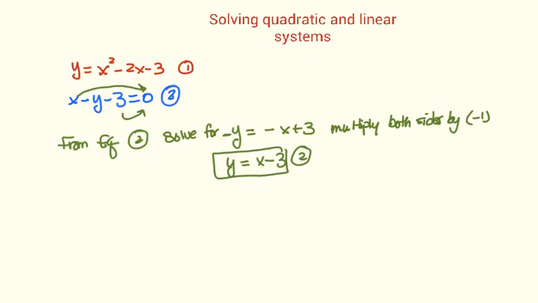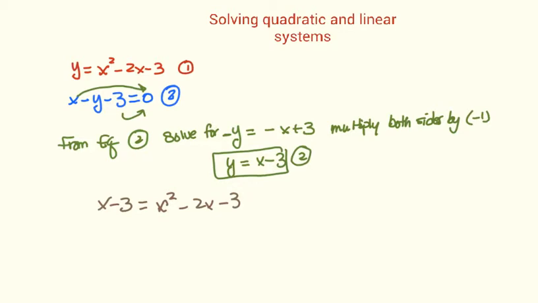So let's do that. x minus 3 is equal to x squared minus 2x minus 3. Then what we need to do is, this is an equation and we know how to solve this. We need to move everything to one side, making one side 0.